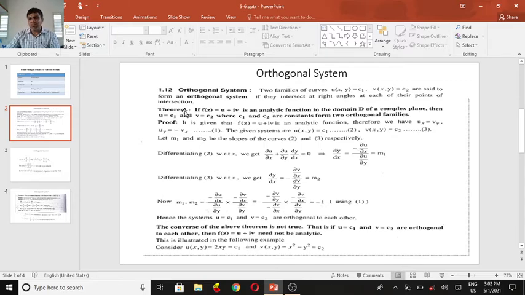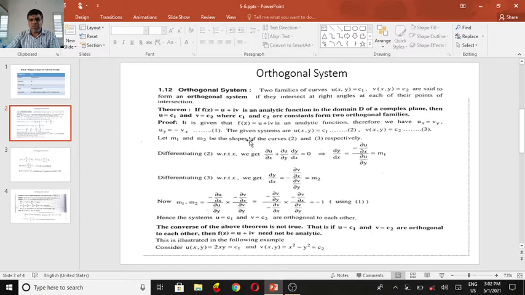Now the proof: f of z is a complex variable function, f of z equal to u plus i v, an analytic function. We already know that it satisfies the Cauchy-Riemann equations: u x equals v y, u y equals minus v x. I call this equation 1.